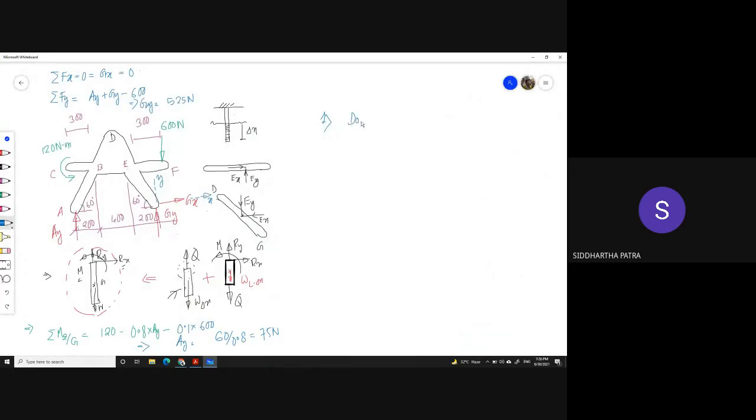Does this make the equation count higher by 3? For example, in this case, there were 3 rigid bodies involved. So the question is, does this make 9 plus 3, 12 equations of equilibrium?